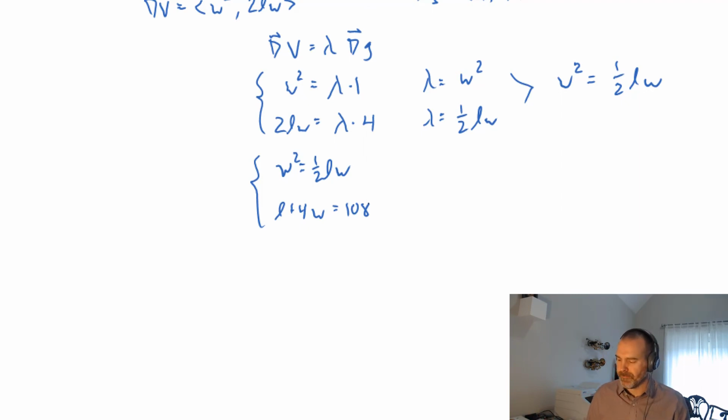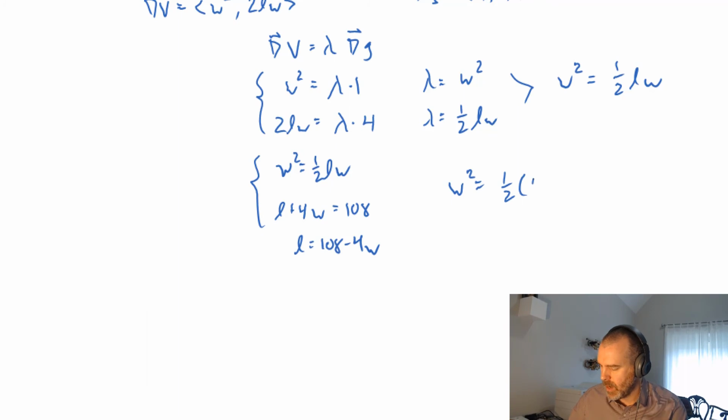Either way you want to do it. I don't know how we want to solve that, it's kind of up to you. We could do substitution, I guess. L is equal to 108 minus 4w. So w squared equals 1/2 times (108 minus 4w) times w.